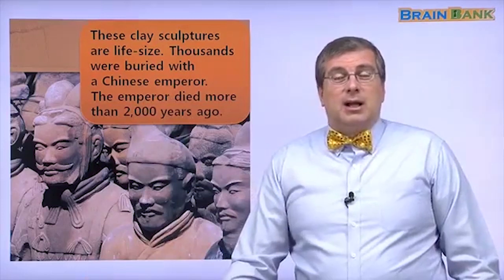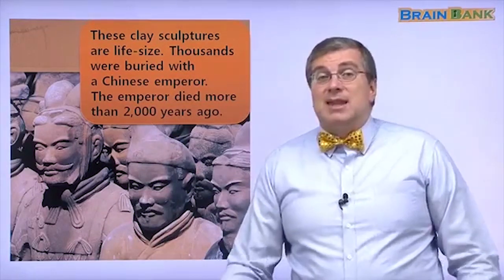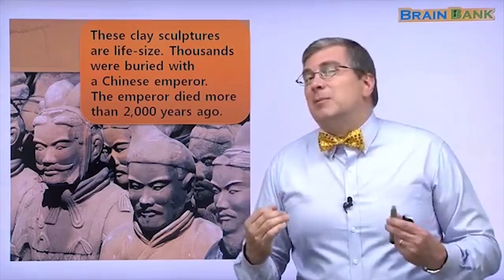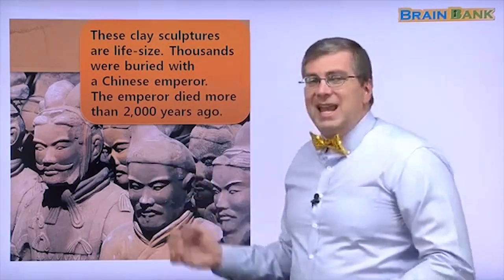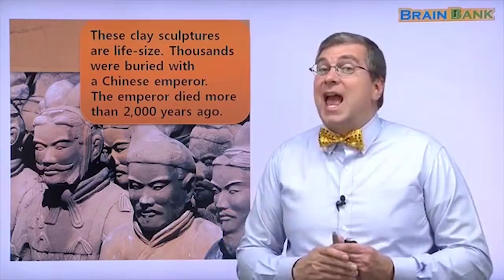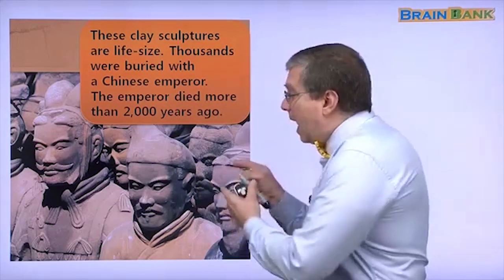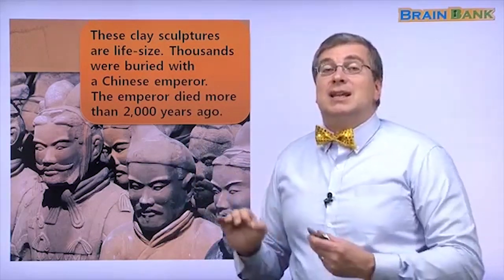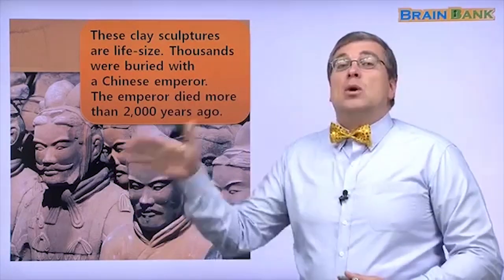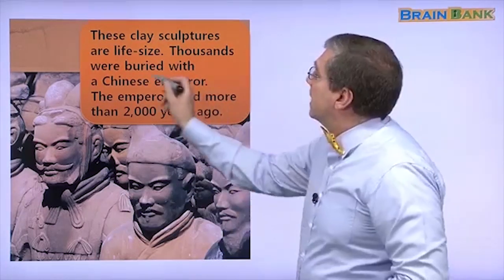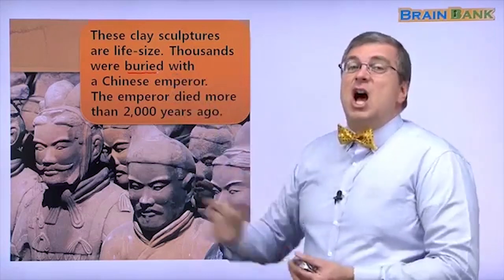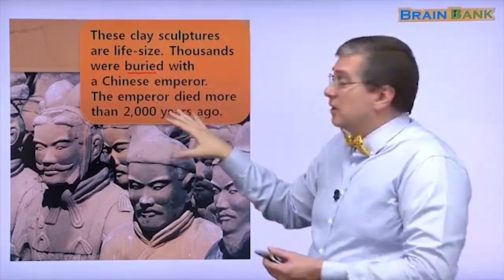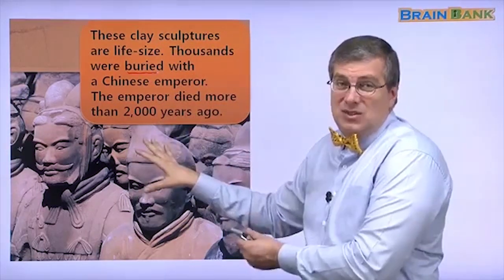Before we saw statues from Egypt that have been okay for 3,000 years, but they're made of stone. Clay is not as hard as stone. It's weaker. How did these sculptures remain in good condition? They were buried, right? That means underground. Dirt was put on top of them. The dirt protected these sculptures.